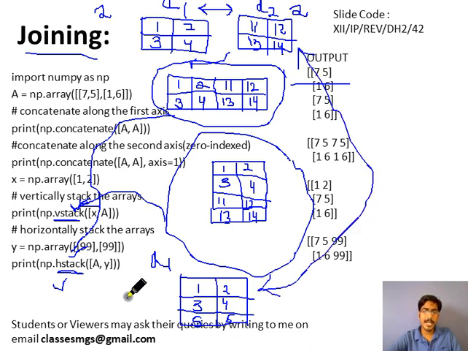If the number of rows is not the same, joining between these two arrays is not possible.